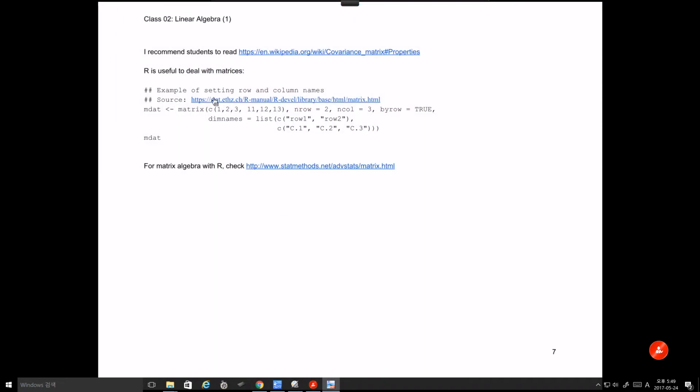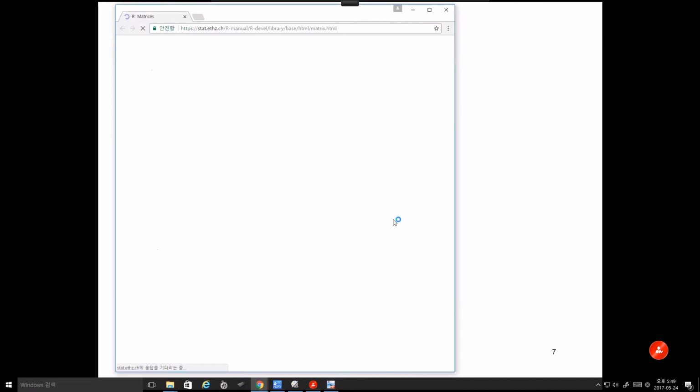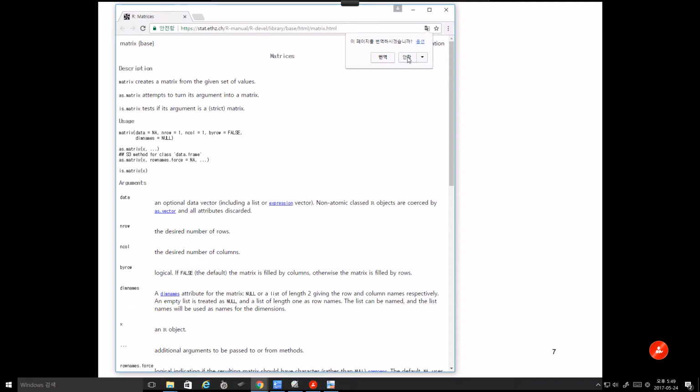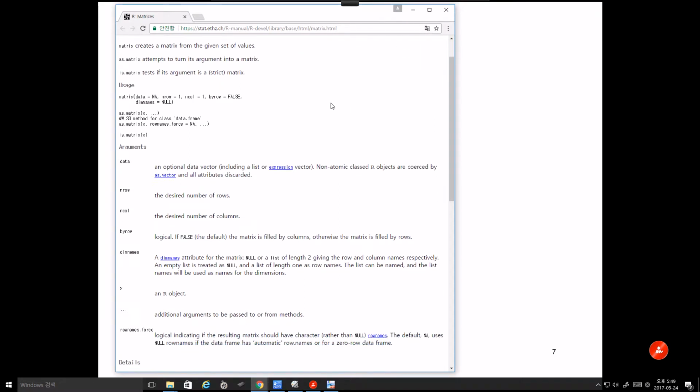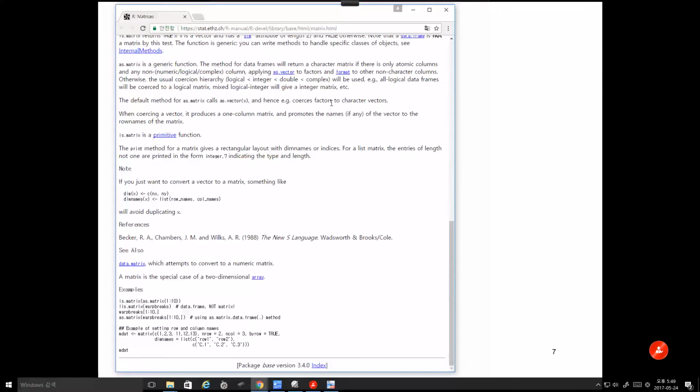R is useful to deal with matrices. So let's click this one, matrices. Here, it explains how to use R to generate matrices, for example. So for example, let's try this one.